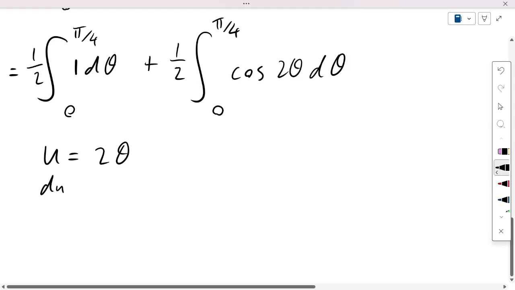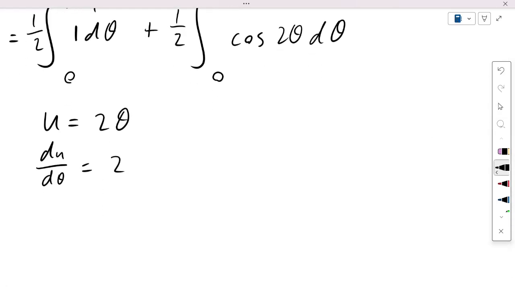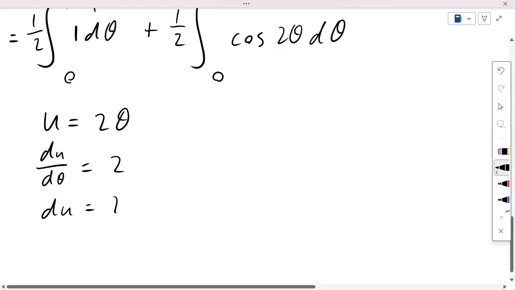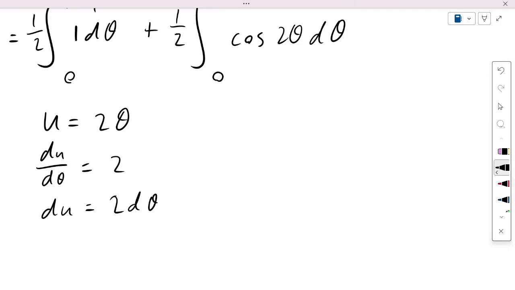So we can take the derivative on both sides. That's going to be du by d theta, and this is just going to be equal to 2, the derivative of 2 theta with respect to theta. And that's exactly what we have. Now, what we are trying to find is something to replace d theta.